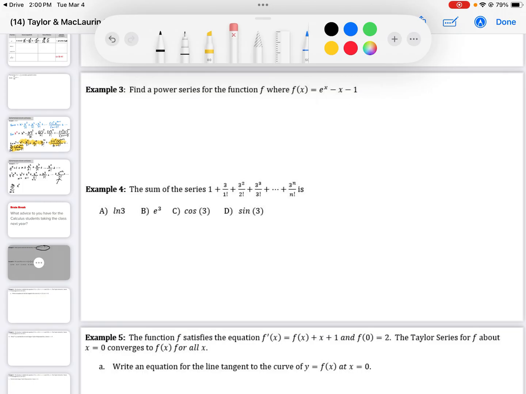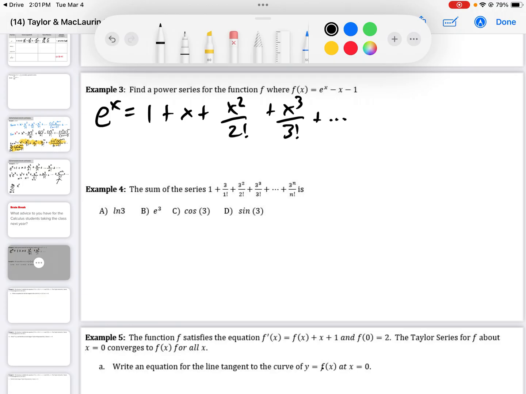So I've got to look at this and realize, okay, what that's asking me to do is I've got to know e to the x is 1 plus x squared over 2 factorial plus x cubed over 3 factorial plus dot, dot, dot. And I should probably know that this is x to the n over n factorial, that's pretty easy, plus dot, dot, dot.